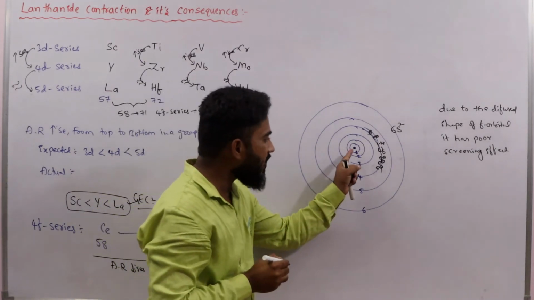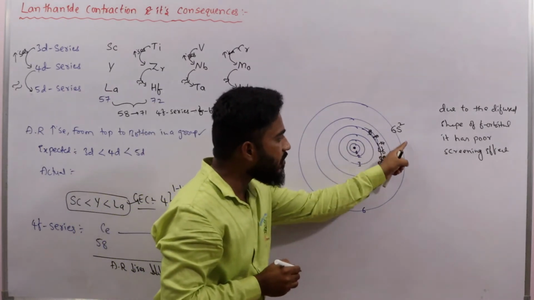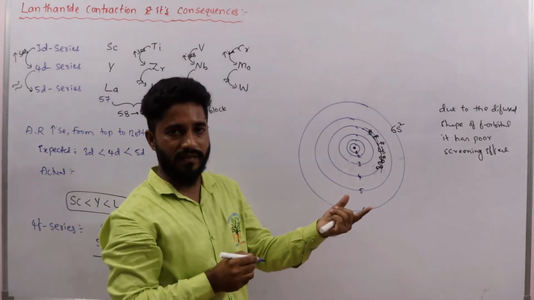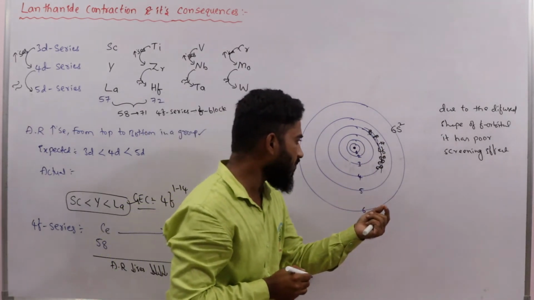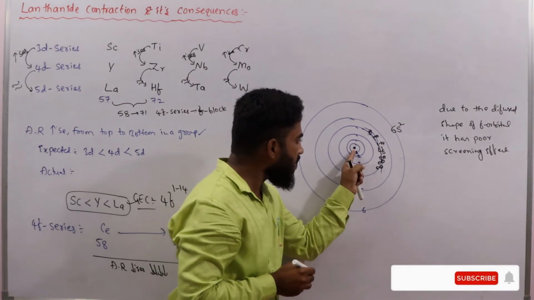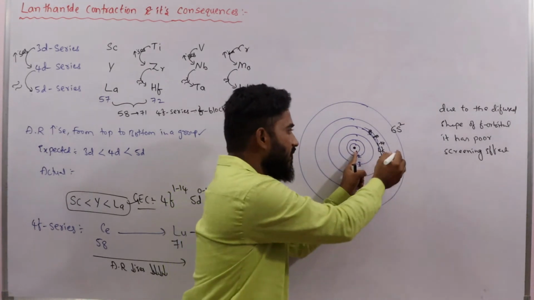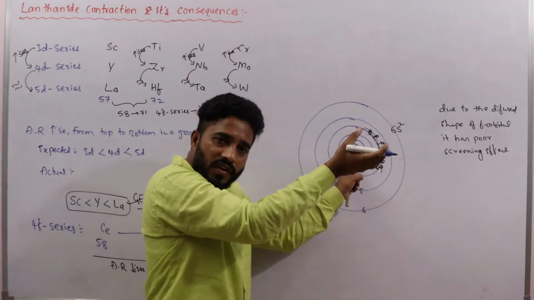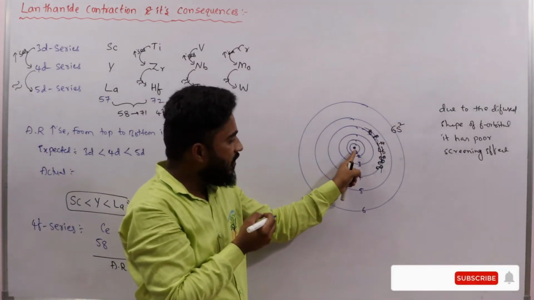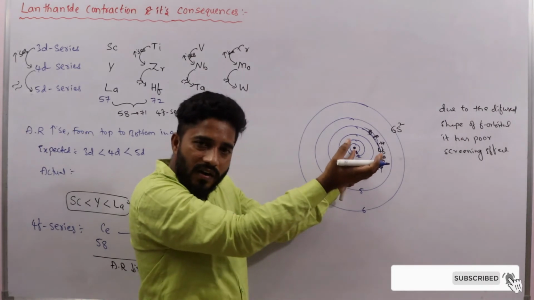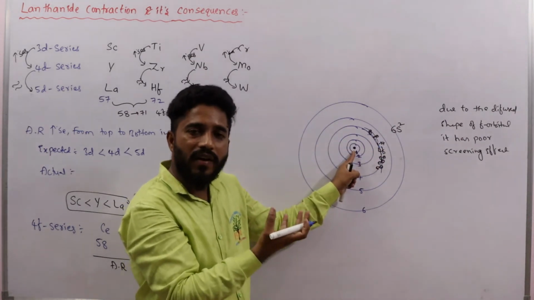That means the nuclear attraction on the outermost electron increases. Because of that, the increased nuclear charge attracts the outermost electron towards the nucleus very strongly.